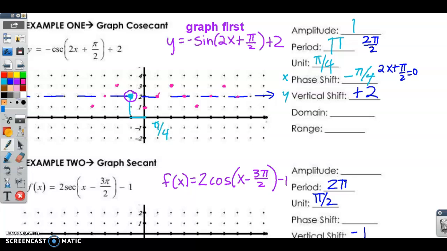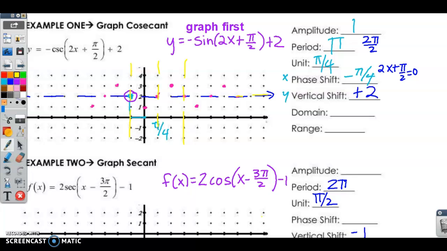I am not. I am going to use yellow, and everywhere along my new x-axis, which we've already drawn on there, I'm going to change the zeros to asymptotes. So here's one. Here's one.